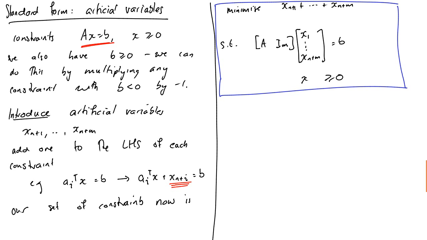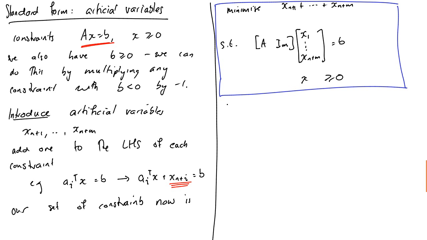If each of these artificial variables that we've added on are equal to 0, then the x that we have left is going to satisfy all of the original constraints. So the way we can ensure that is by minimizing the sum of those extra variables. They're constrained to be non-negative, and if we can find an x that satisfies the constraints to the original problem, then we'll be able to do that with this sum being equal to 0.